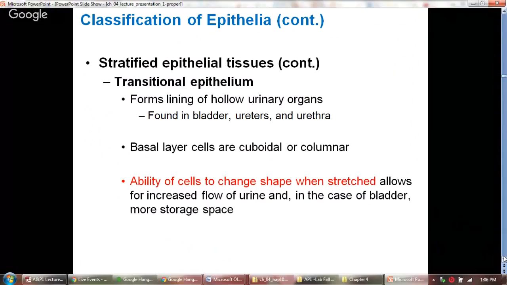If you think about the urinary bladder, it has to stretch when filled with urine, but has to go back to its normal position when the urine is pushed out. So it accommodates increased flow of urine when the cells are stretched, and in the case of the bladder, it provides a storage space for that organ.